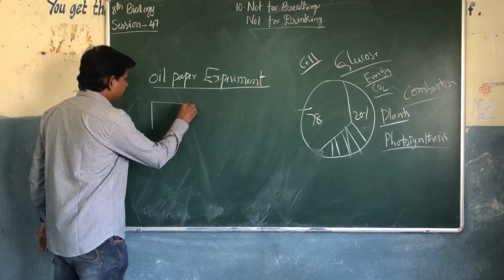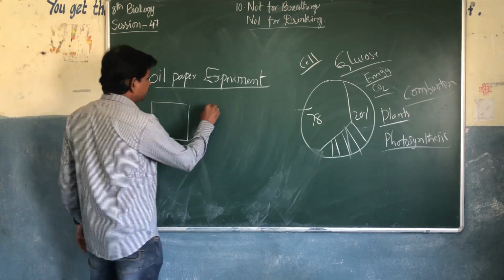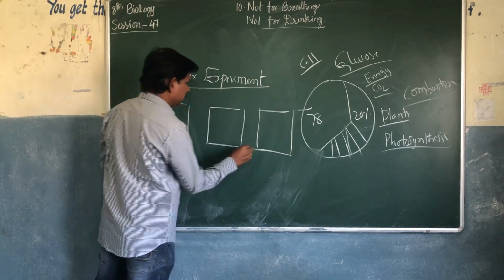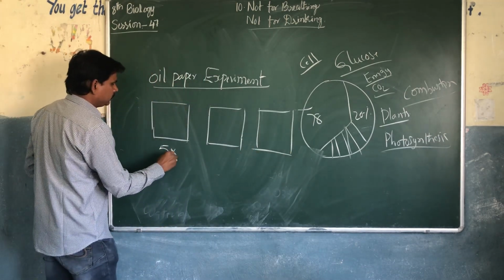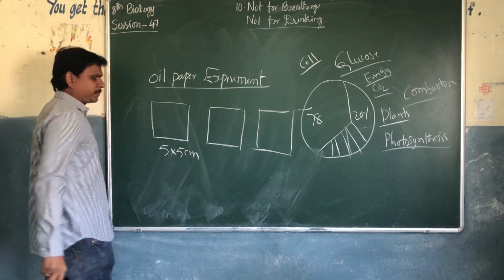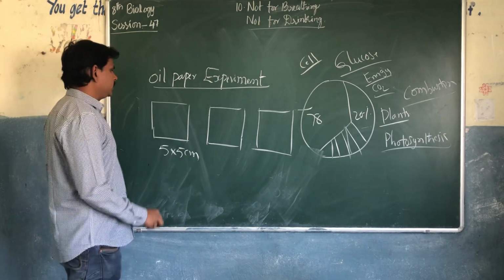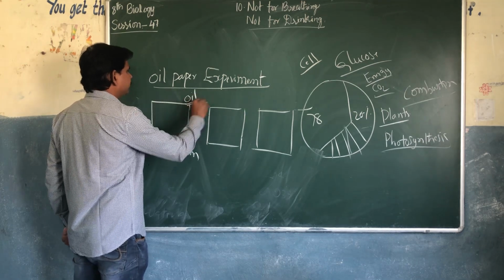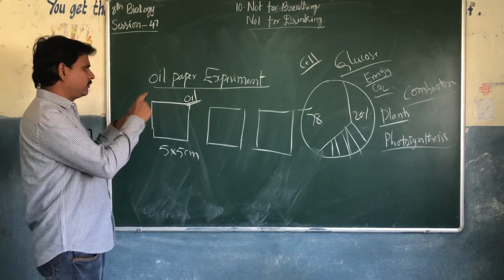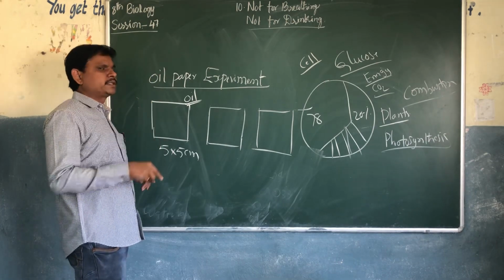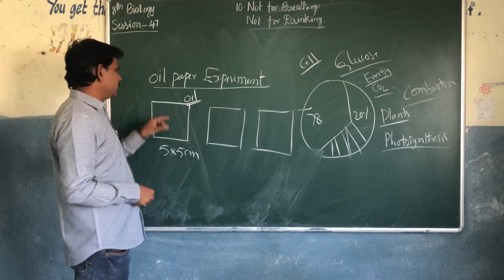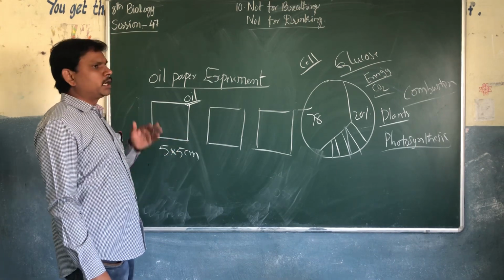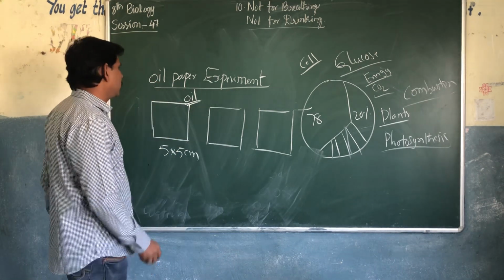Take three different square papers of the same size, 5 by 5 centimeters. Put these papers into oil, and hang them in different places.